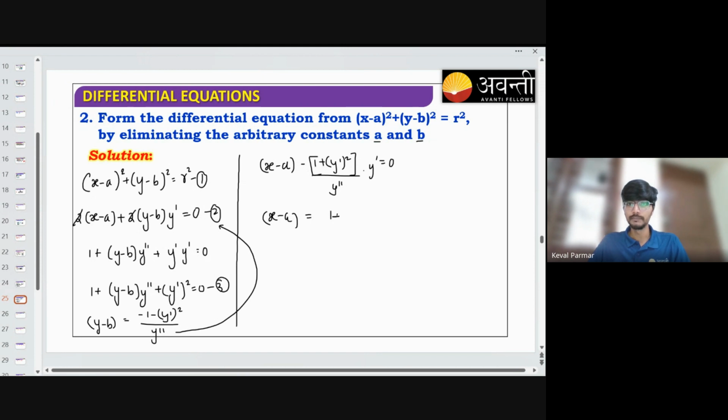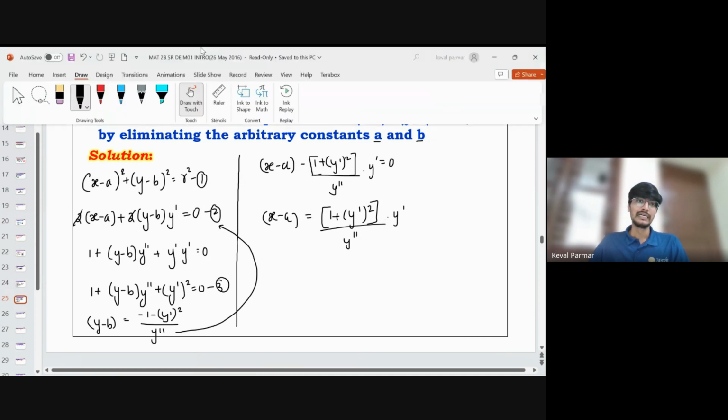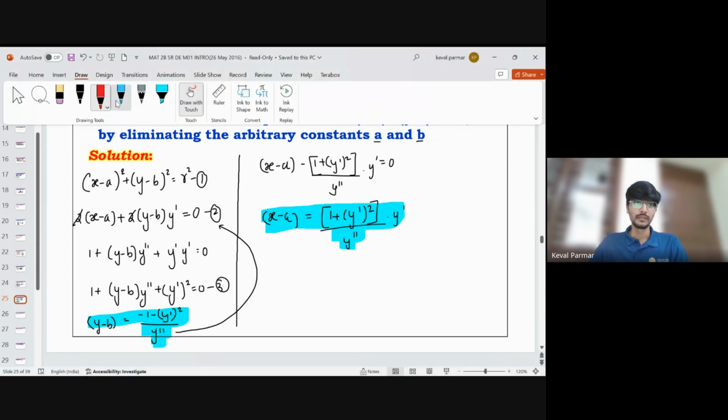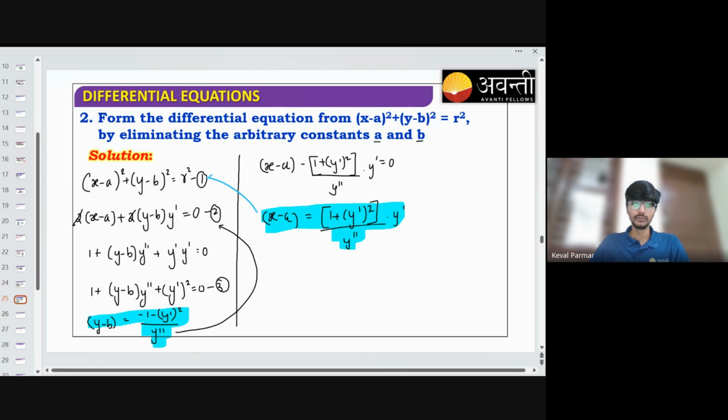So it will be 1 plus y dash whole square upon y double dash into y dash. So I am highlighting it: x minus a. We got the value of x minus a, and we got the value of y minus b. Substitute both of these in 1, and I think we will get our answer.